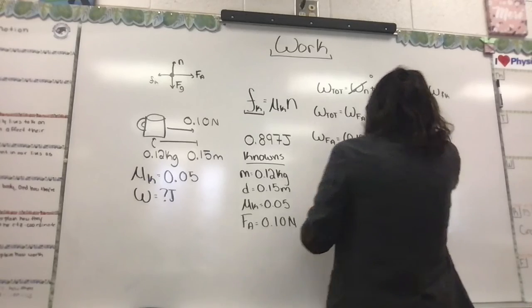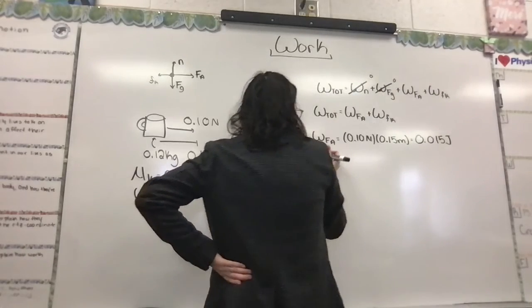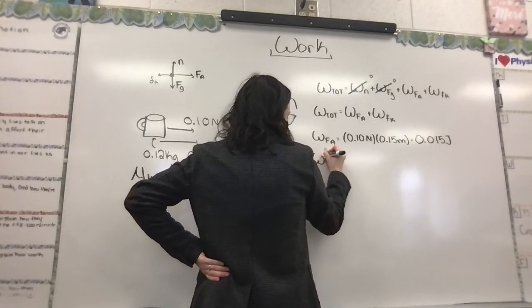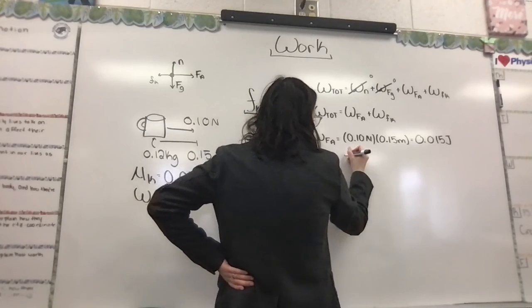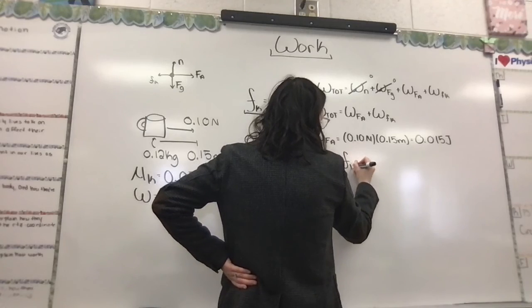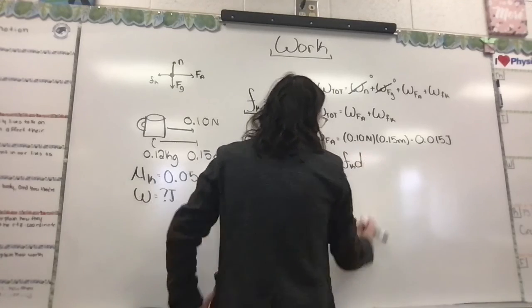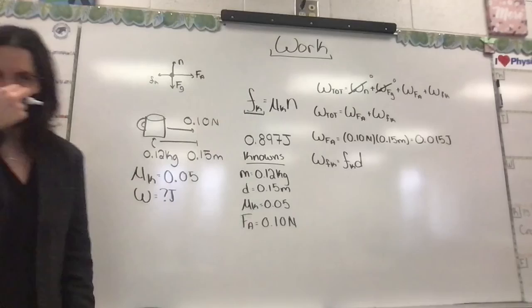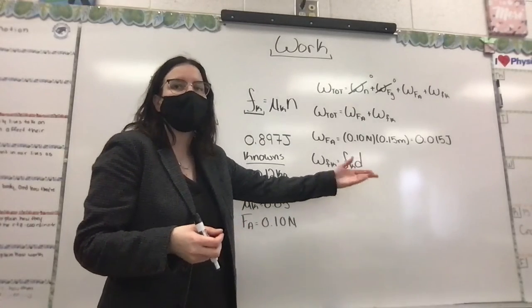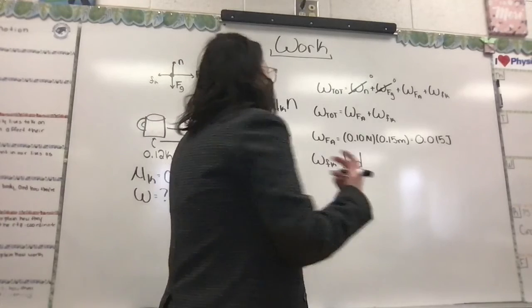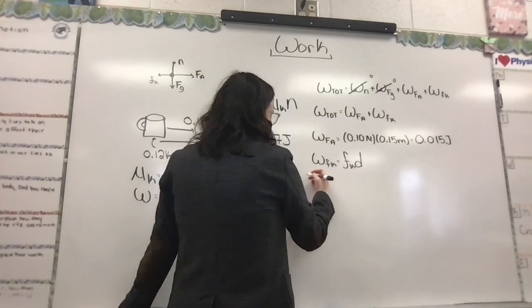Joules, okay? Now I have to deal with the elephant in the room: the work due to kinetic friction, which is the force of kinetic friction times the distance. This is just another way to write force, because it's for the kinetic friction specifically. So I need to focus on finding this.